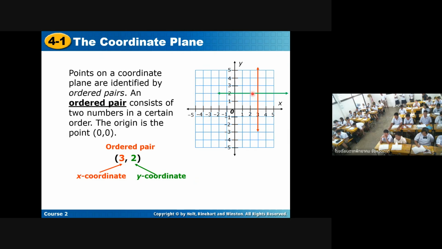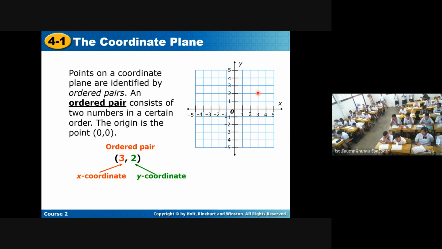As you can see, the point of intersection between the lines when we cross them is this point, meaning this point is 3 comma 2. So when I ask you to plot 3 comma 2, where is it? It is this point, where 3 is our x and 2 is our y value. Do you understand?